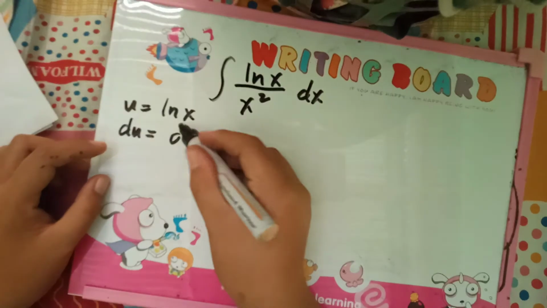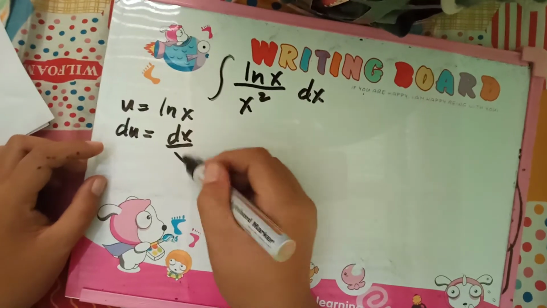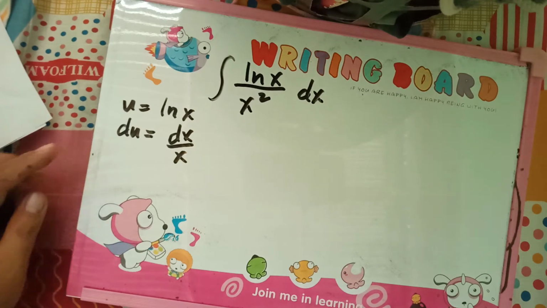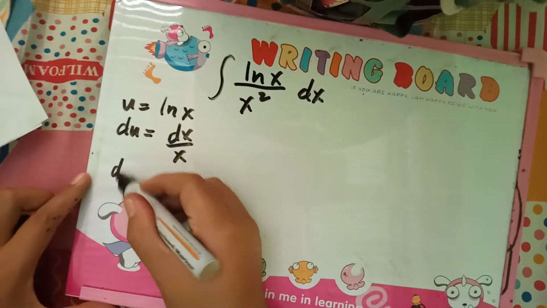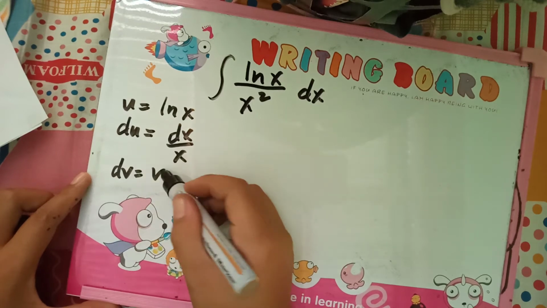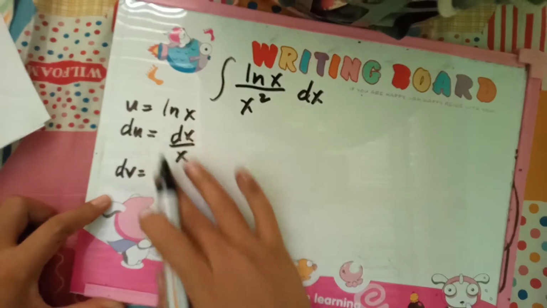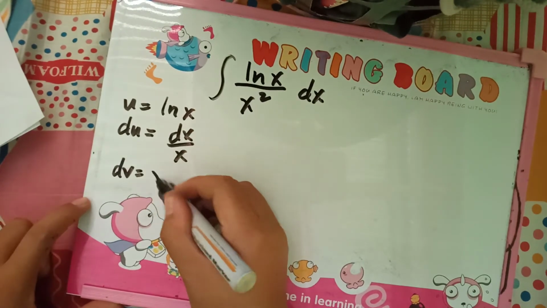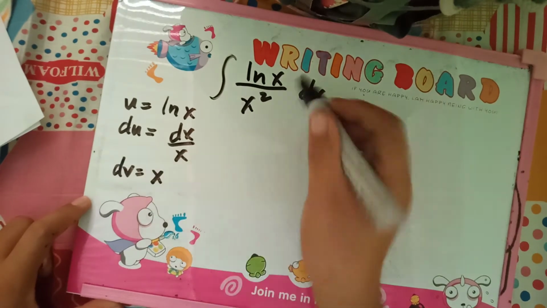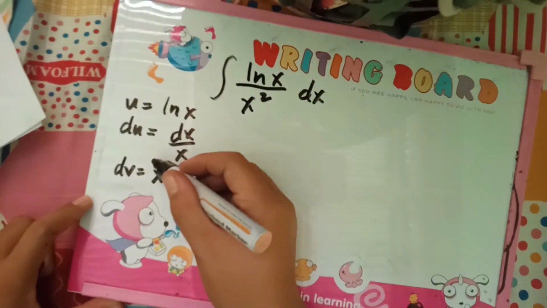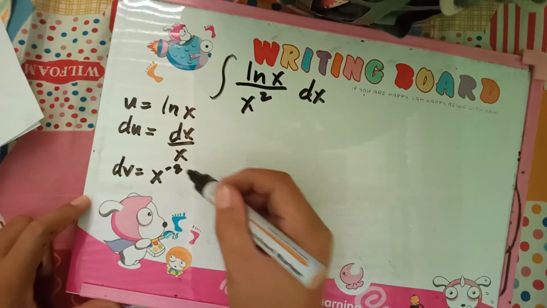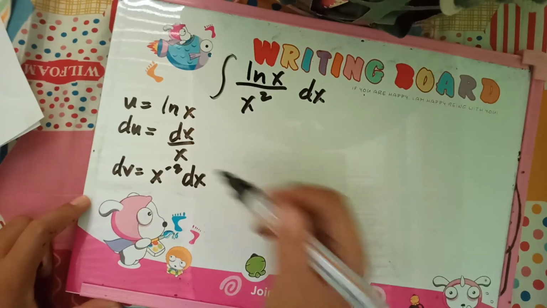Diba? dx over x. Yes. Your dv is equal to x squared. Okay? Pero, di ba 1 over x squared yan? So, itaas na lang natin. So, magkakaroon tayo ng x to the negative 2 dx.